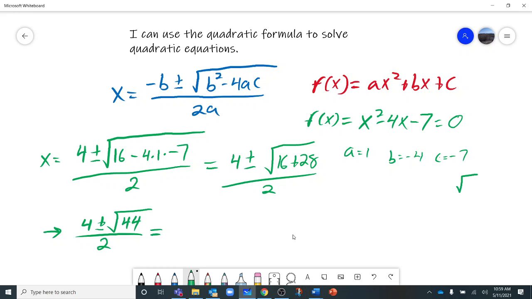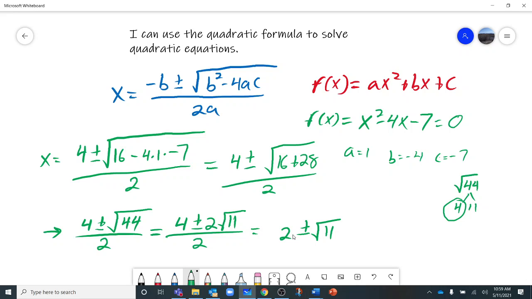So over here on the side, the square root of 44, that's 11 times 4. 4 is a perfect square, so I can take it out. The square root of 4 is 2. And so I've got 4 plus or minus 2 root 11, all divided by 2. 4 divided by 2 is 2, so that gives me 2 plus or minus. 2 divided by 2 is just 1, so 2 plus or minus the square root of 11.